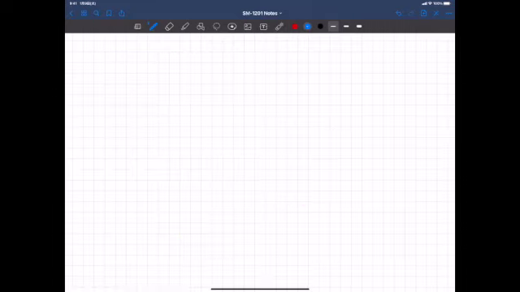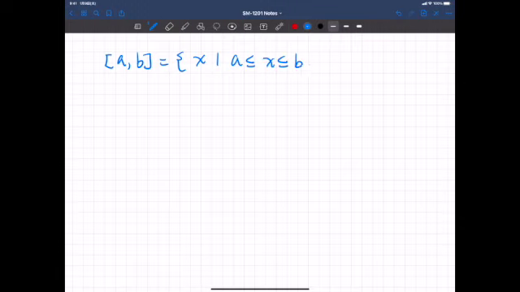As a next example, consider a closed interval. Let's say A and B. This is the set of real numbers, all real numbers between A and B, including A and B. Okay, so that's important.